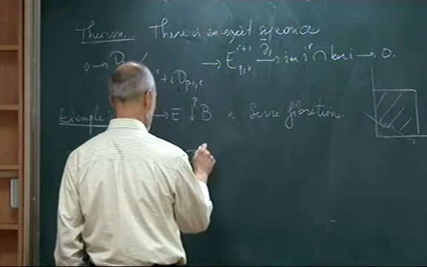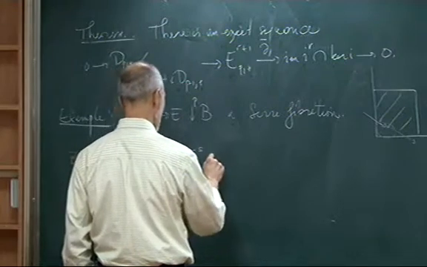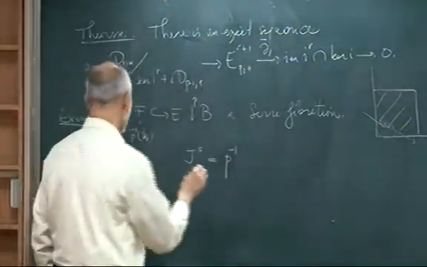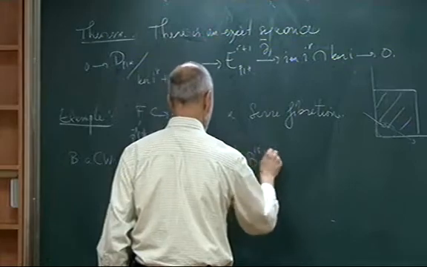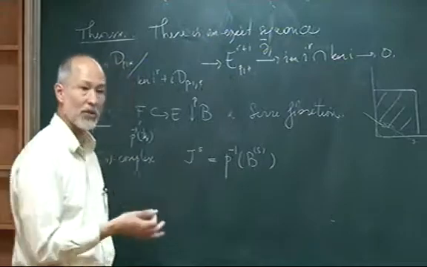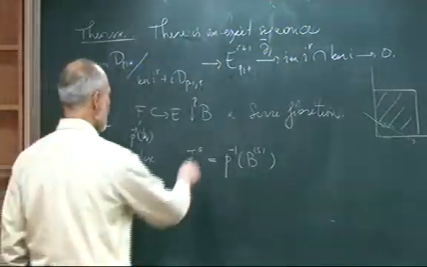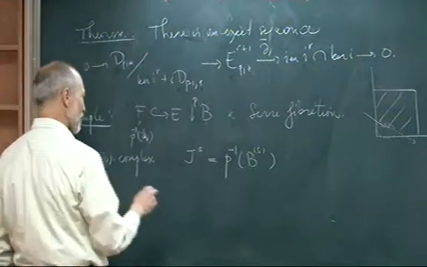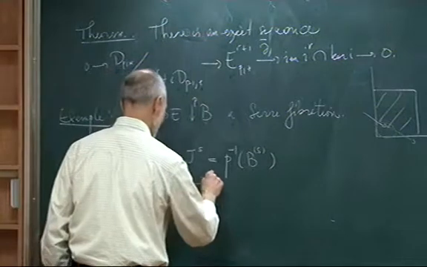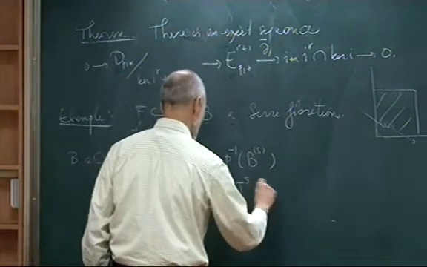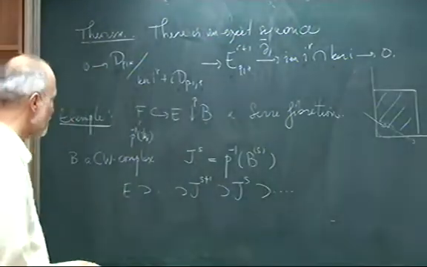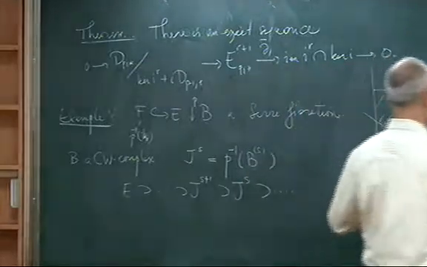Let's let J_S be equal to the inverse image under P of the S skeleton of B. Then, since, of course, everything in E maps down onto B in a Serre fibration, E now is filtered by this sequence of spaces given by inverse images.